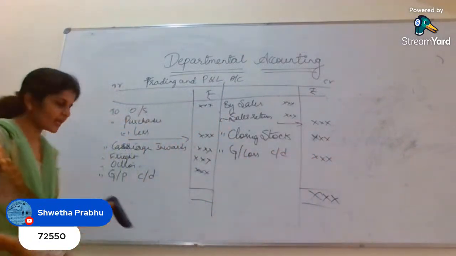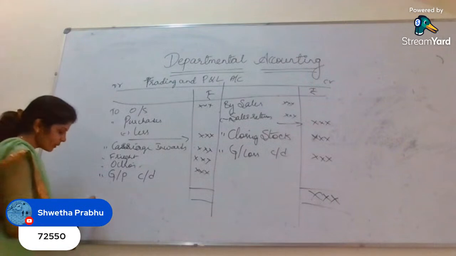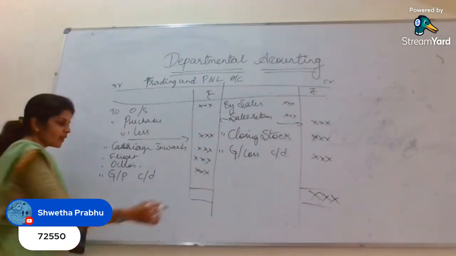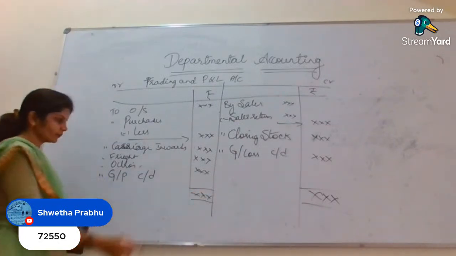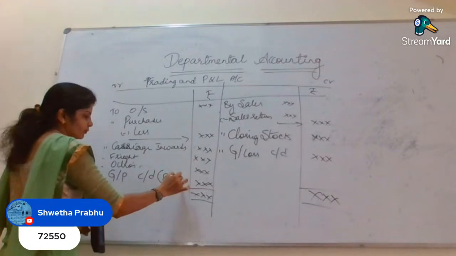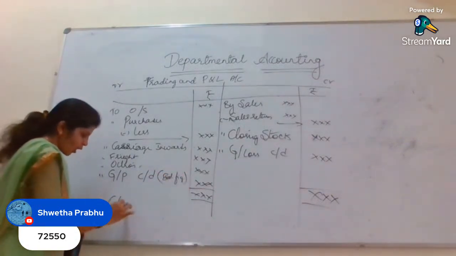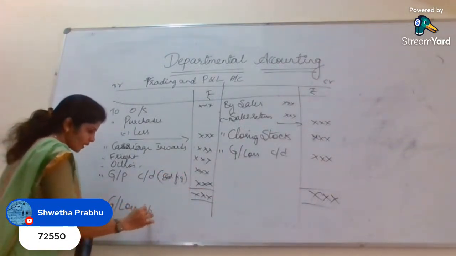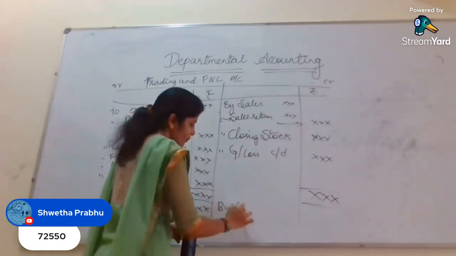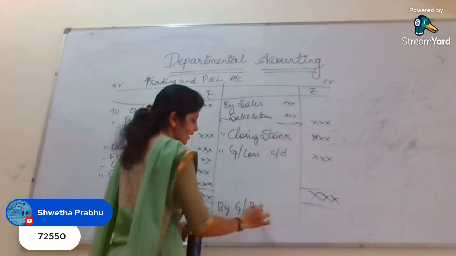And this carried down amount of gross loss will be taken to the debit side of the profit and loss account. The next portion is the profit and loss account portion, correct? This is the balancing figure. Gross loss brought down, or if there is any profit, gross profit brought down. There will be only one item, not both.